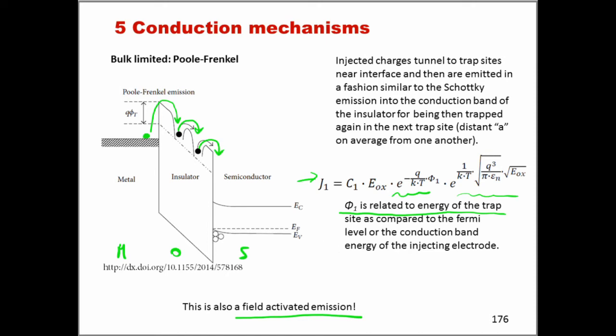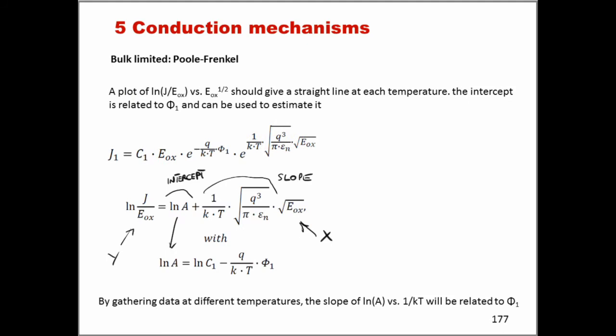And again, as we did now several times, if we had a bunch of data of current densities obtained for certain electric field values applied across a device, how do we realize, or how do we check that we have a Poole-Frenkel mechanism?